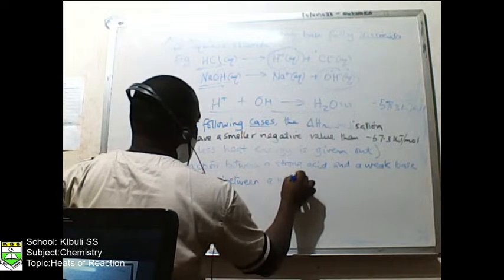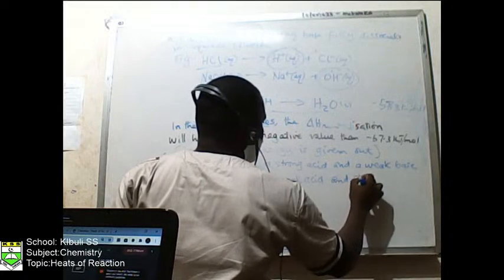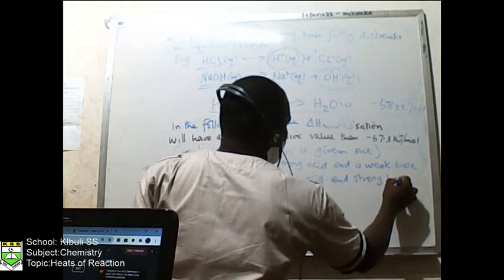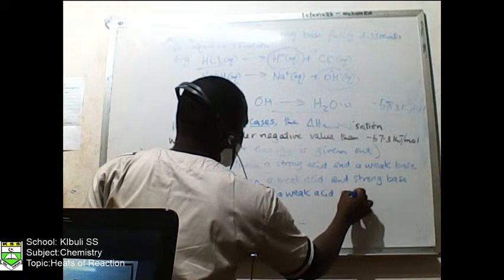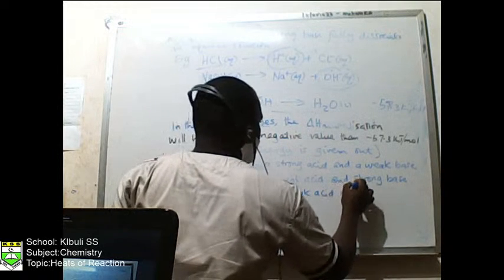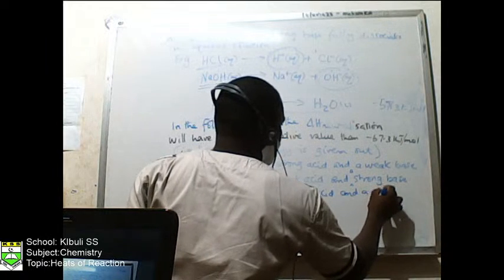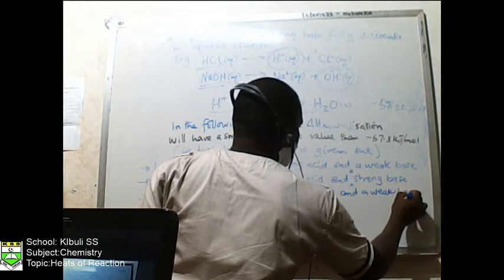Another case is in a reaction between a weak acid and a strong base. And the third case is in a reaction between a weak acid and a weak base.